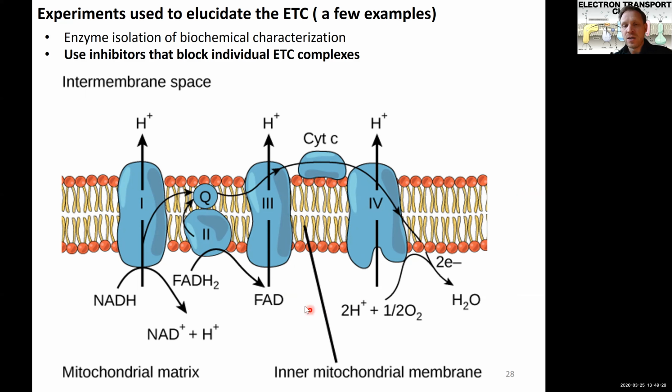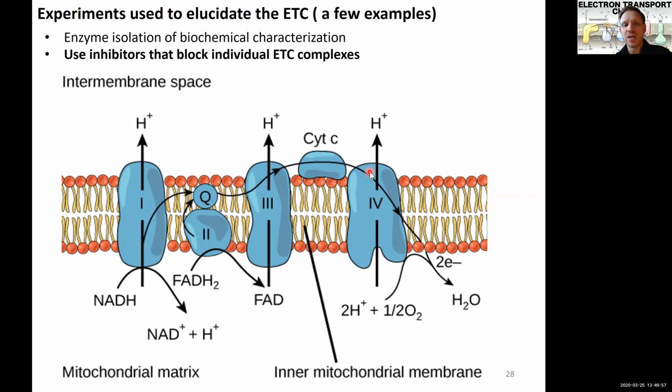And in the inner membrane, we have our 4 complexes bound to the membrane, complex 1, 2, 3, and 4. And then we have CoQ, a small molecule electron carrier, and another small protein here, cytochrome c, that is partly mobile within this membrane and can transfer electrons from complexes 3 to 4.